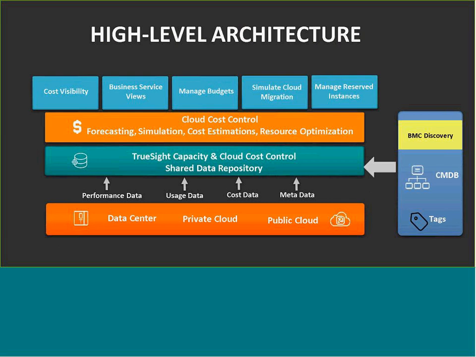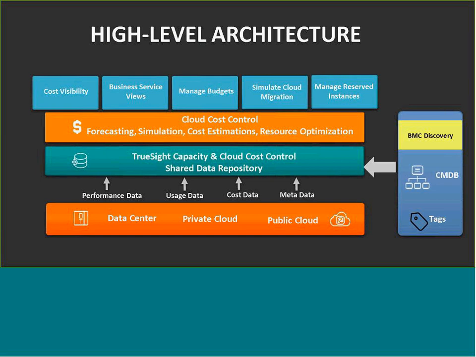Let's look at the high-level architecture. Cloud Cost Control leverages the architecture, machine learning, and advanced analytics of our TrueSight Capacity product. Part of managing costs is understanding and managing resource usage. With Cloud Cost Control, you get visibility of resource usage and resource cost.